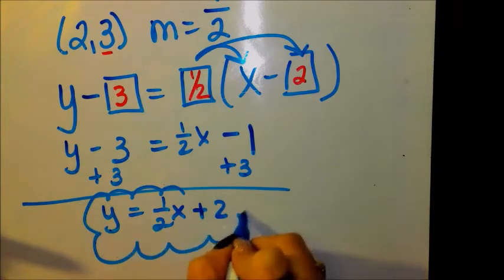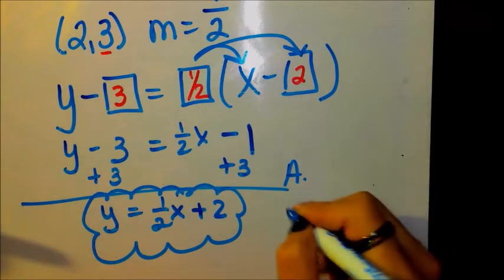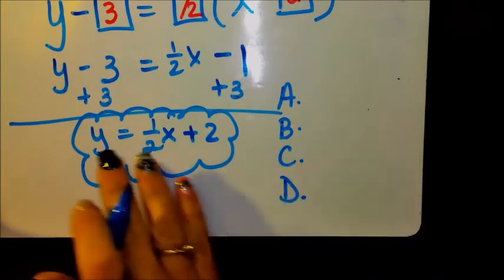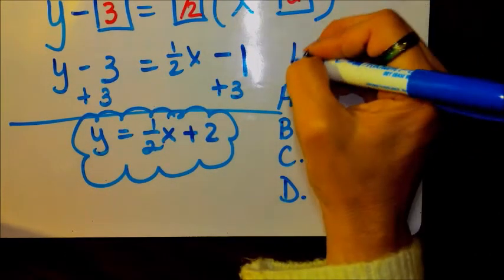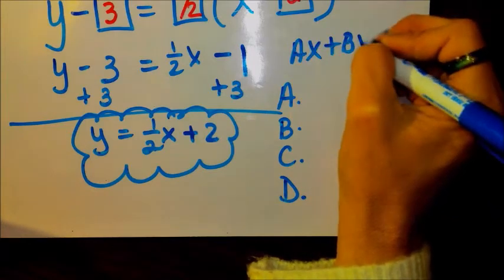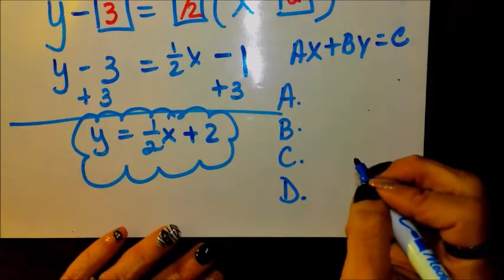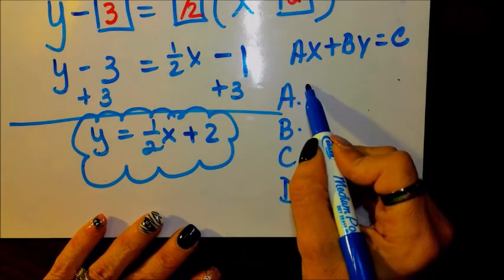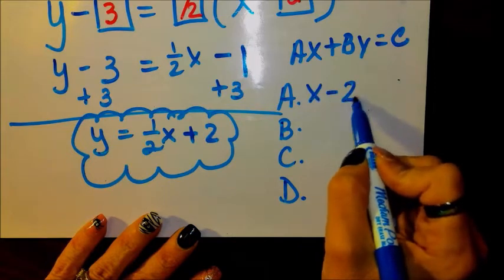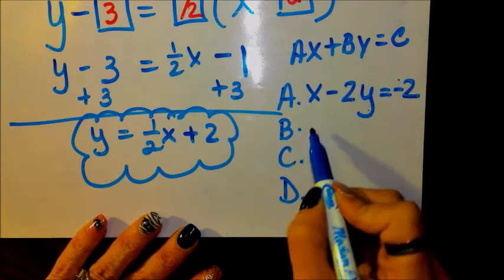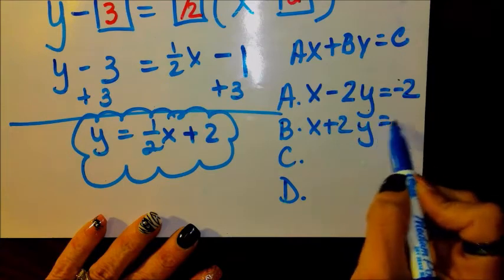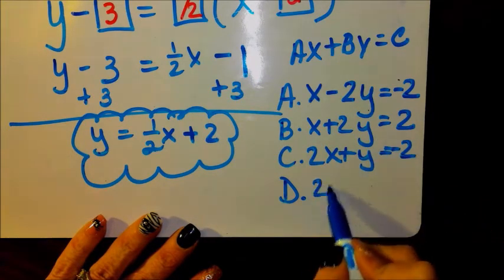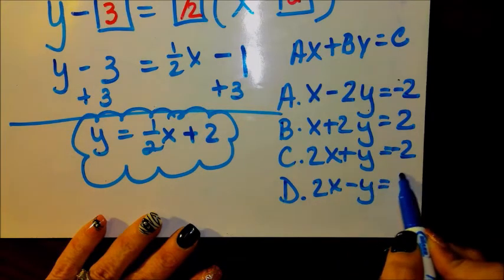Now what I'm going to do on the test is I'm going to give you an A, a B, a C, and a D in standard form of this equation. So remember, standard form is where I'm going to have x and y on the same side. So I might give you something like x minus 2y equals negative 2, x plus 2y equals 2, 2x plus y equals negative 2, and 2x minus y equals 2.